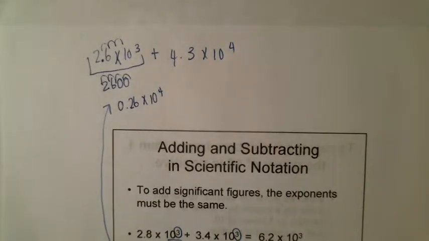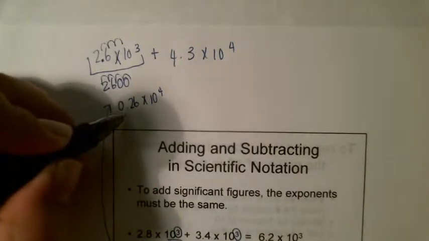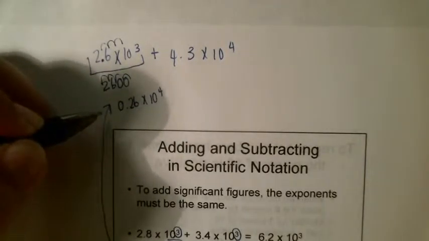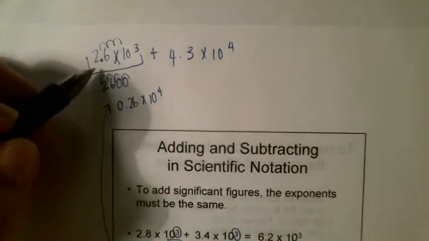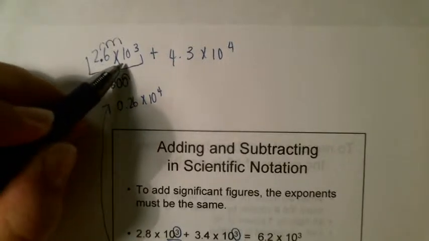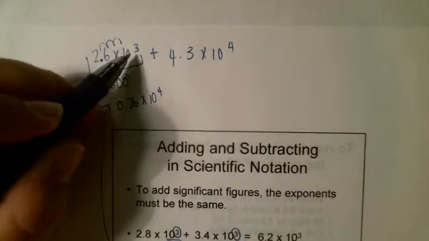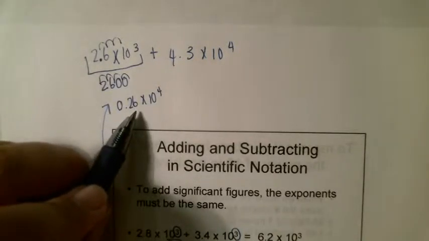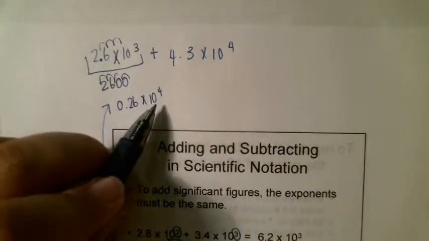Now double check, you can write this out again and make sure that your numbers are the same. And in this case it will be. So 2.6 times 10 to the third is the same number as 0.26 times 10 to the fourth.